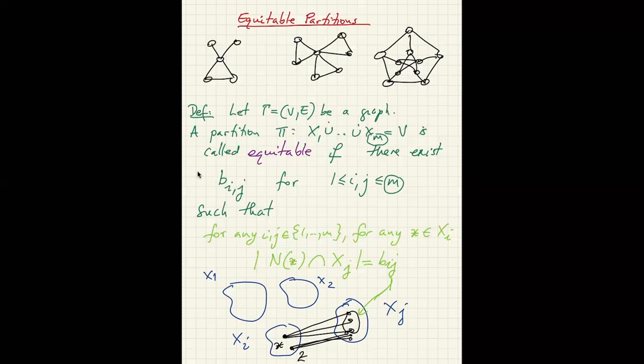So let's see some examples. I'll do these examples on the top of the next page so that it's easier. If we look at this graph here, I will draw the partitions by just different colors. You can see the vertex in the middle is in its own class.